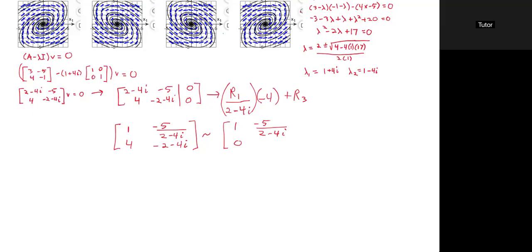But first, before we multiply this one by -4, let's simplify it a little bit. So, -5 over 2 minus 4i can be simplified by multiplying it by the conjugate, which is 2 plus 4i over 2 plus 4i.